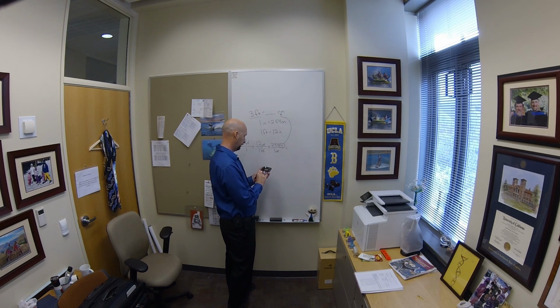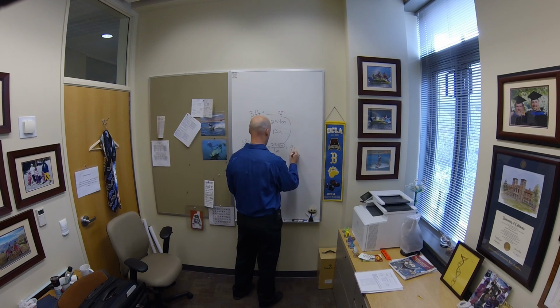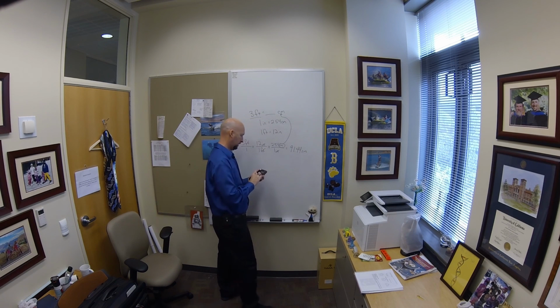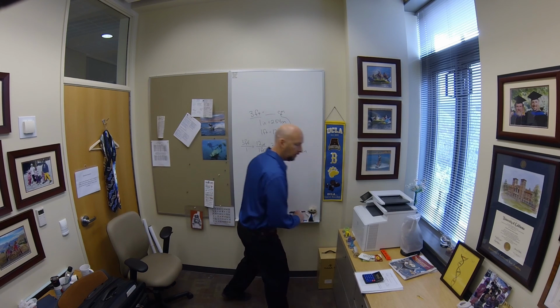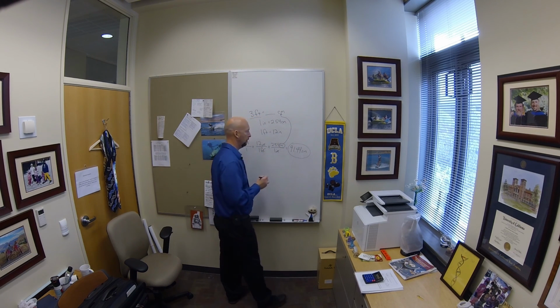So 3 times 12 times 2.54 equals 91.44 centimeters. And since I am making a tutorial, I just want to double check that I did that right. Excellent. 91.44 centimeters.